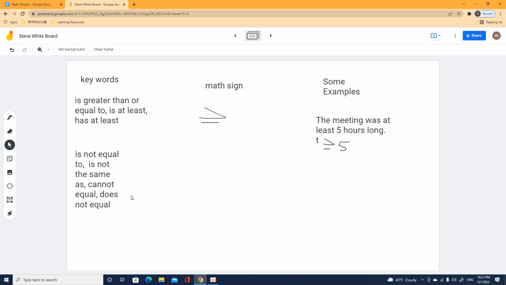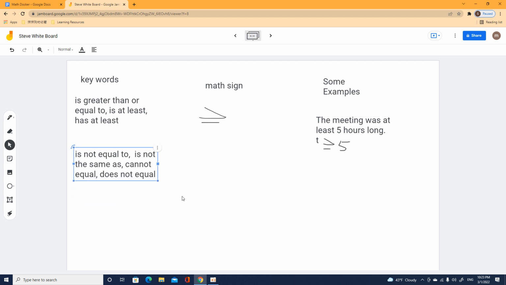When you see those kind of keywords, you should think about the not equal sign. You should think about this guy. I also give you an example.